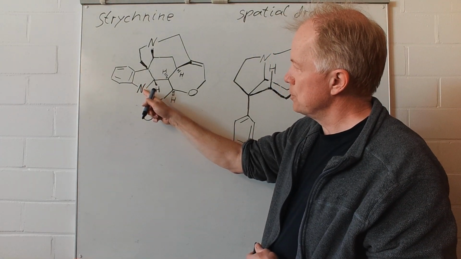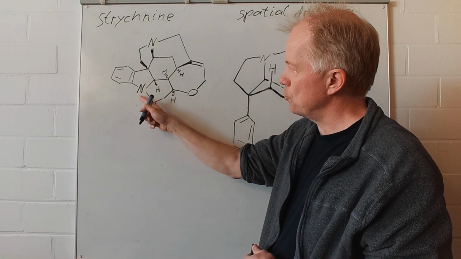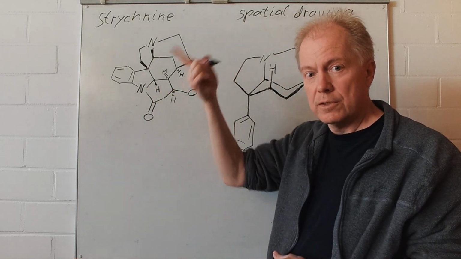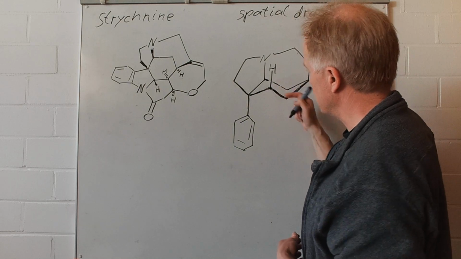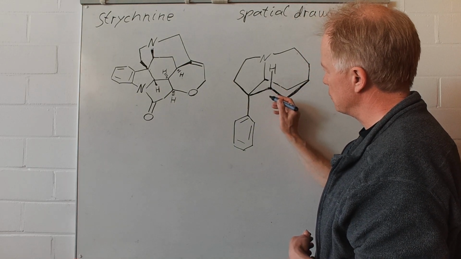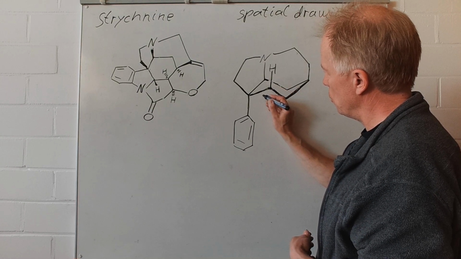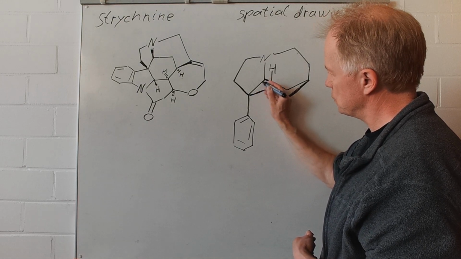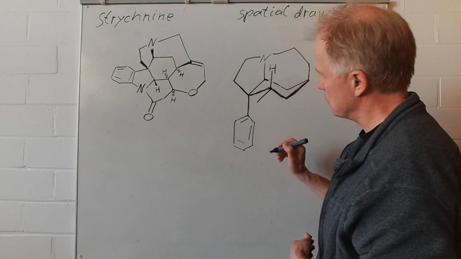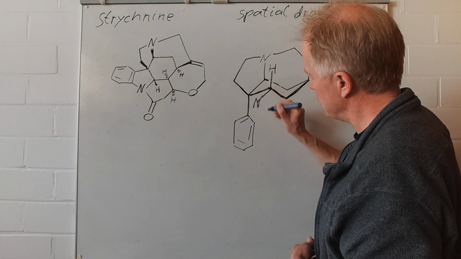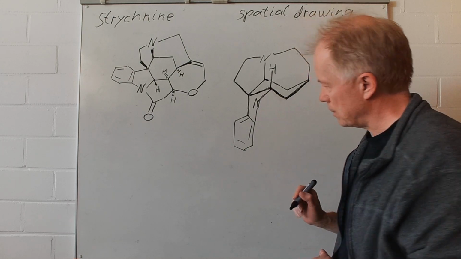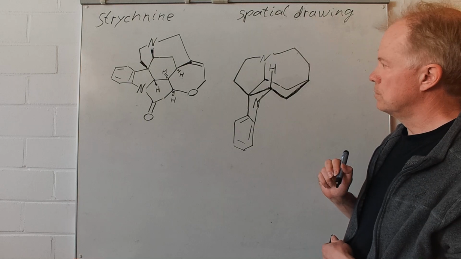This nitrogen is in equatorial position, since that hydrogen is the one which is in the axial position, and the equatorial bond we should draw parallel to this CC bond, like this. So here is the nitrogen which is connected to the ortho position.